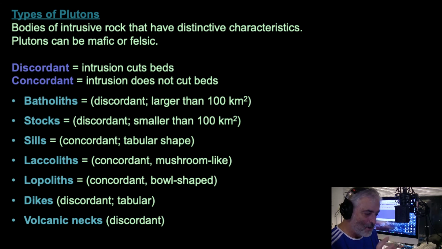In Devil's Tower, you get the volcanic neck, and technically there's a stock down below that. And so that stock is where the intrusive comes up, fed into that volcano, but right near the base of that volcano, that's where you get that columnar jointing, and that columnar jointing indicates that it was cooling pretty much inside the volcano itself.